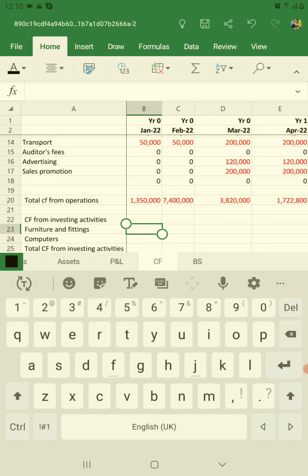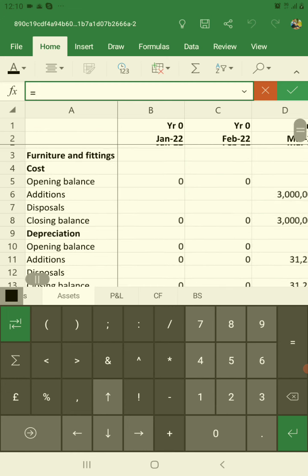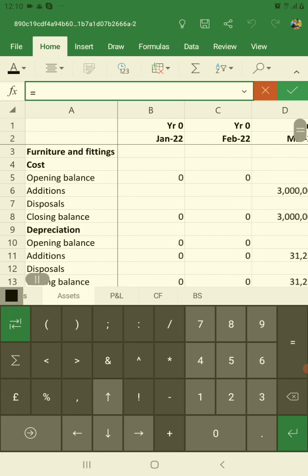So furniture and fittings, cash. When on the asset side, let me start with the equal sign, go to assets, and we go to furniture and fittings on the additions row. When we add an asset, it draws out cash from the business.